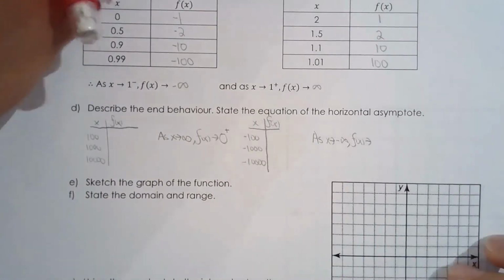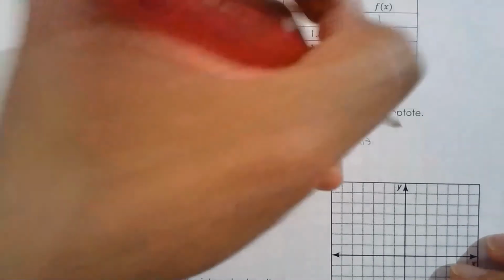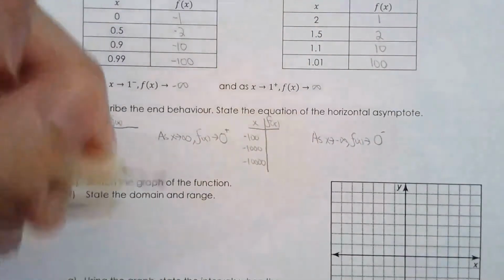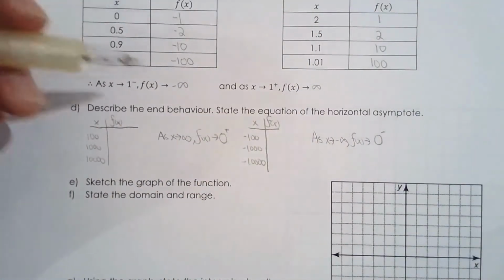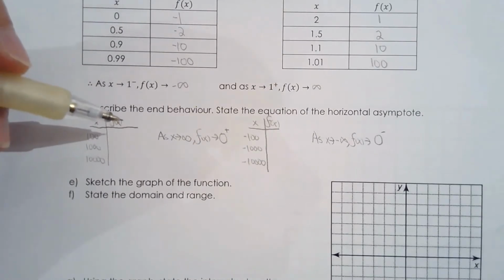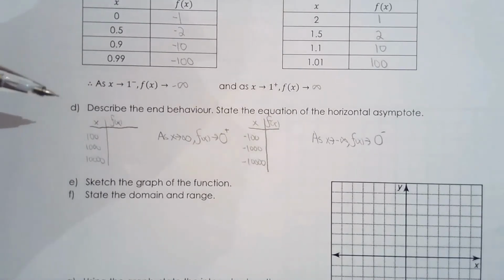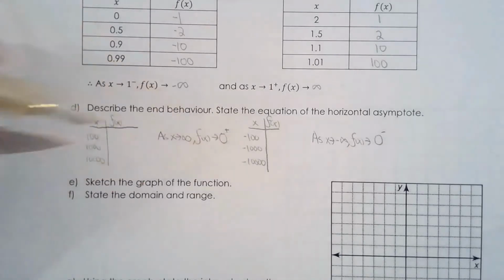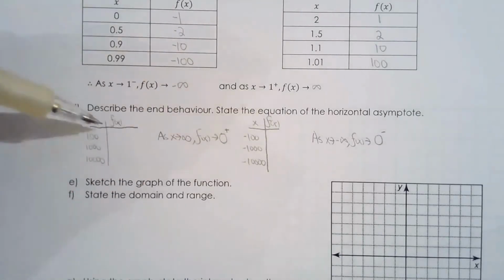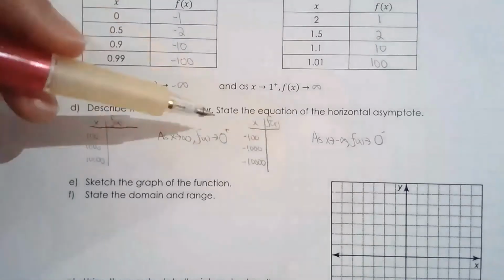If the denominator becomes a larger and larger negative value, the function will once again approach 0, but it'll be approaching 0 from below, because it's going to become a smaller and smaller negative value. I'm very tempted to fill in these tables for you, but if you fill them in yourself, I promise you'll get the same pattern.